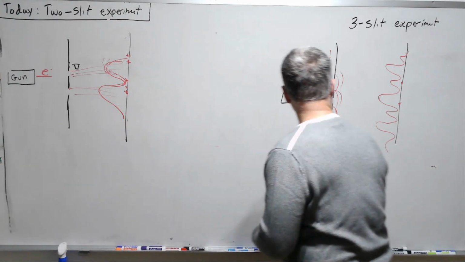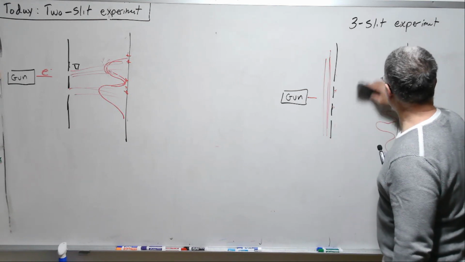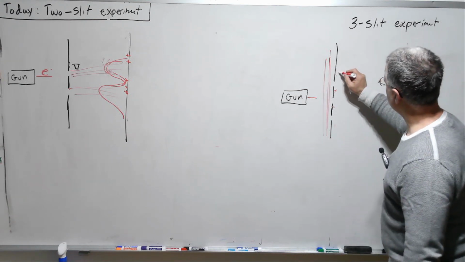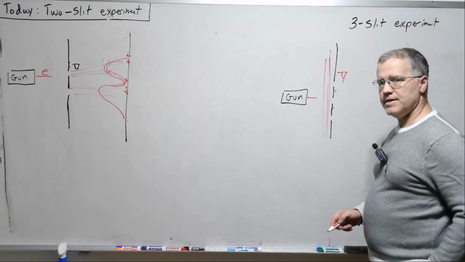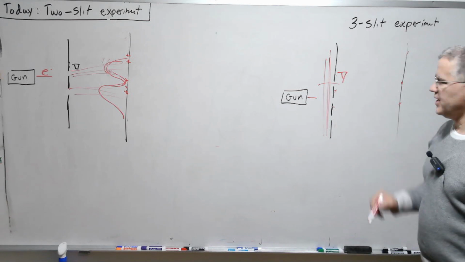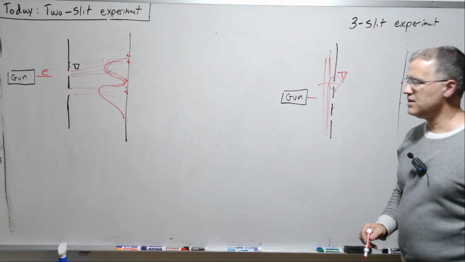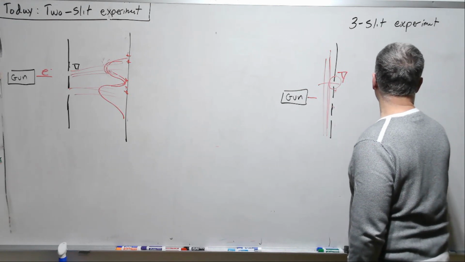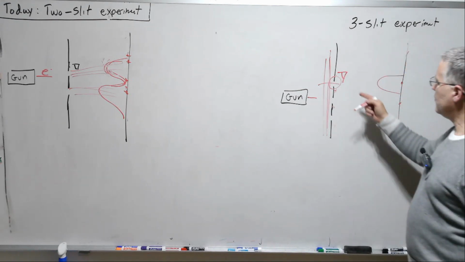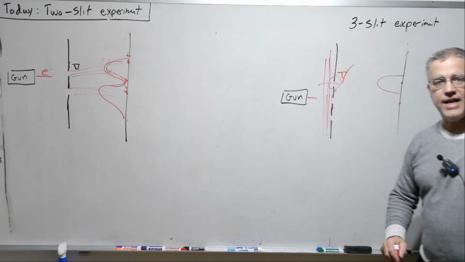Now let's change this a little bit. Let's say we monitor the top slit. Now when we fire an electron, either we'll register it goes through here, in which case it will be acting like a particle, and we will get a buildup right behind this slit. Or we don't register, and it will be acting as if it's going through a two-slit.